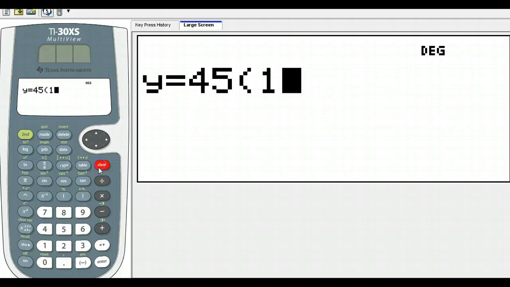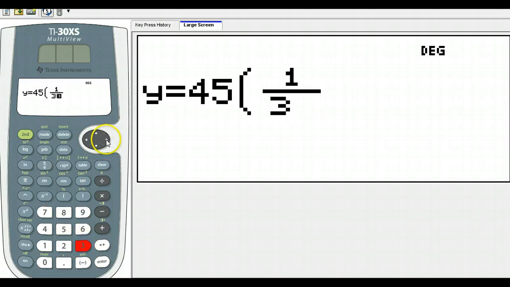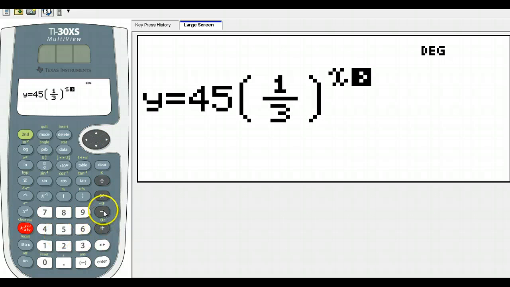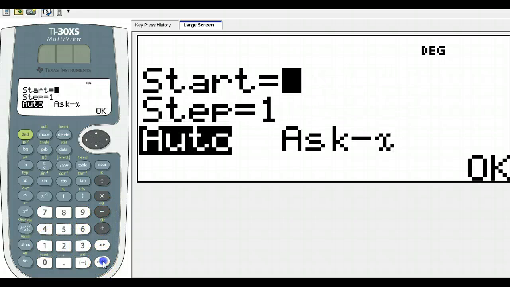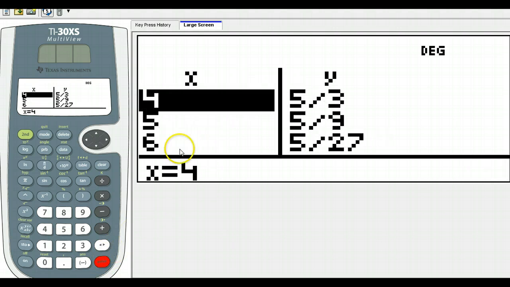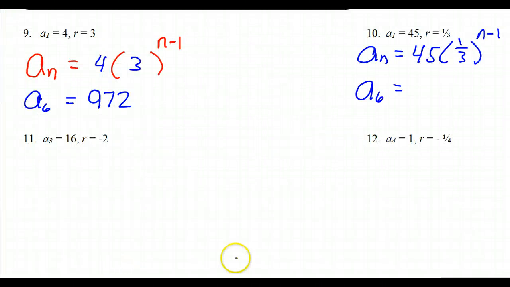Wow, that is a fail. Okay, 1/3 to the n minus 1 power. All right, so I see the sixth term is 5/27. Okay, that was almost too easy.